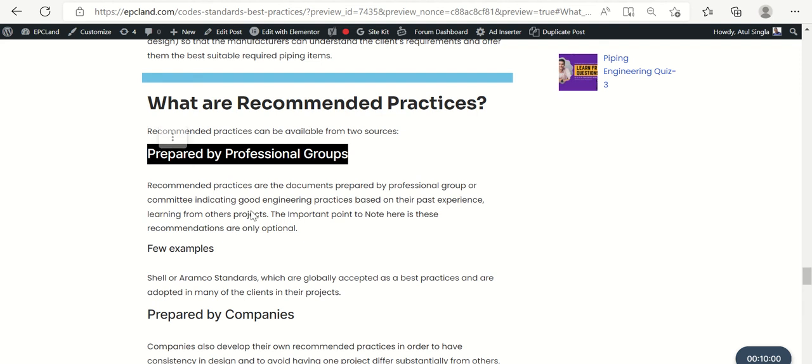Recommendations are there, best practices are there, lessons learned are there. Based on past experience, based on mistakes which were made in the past, all these lessons learned will be there in the project's database.